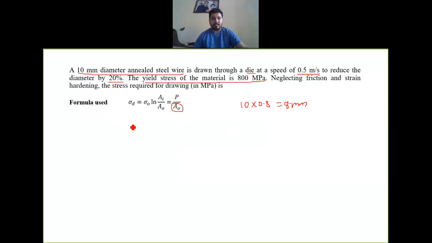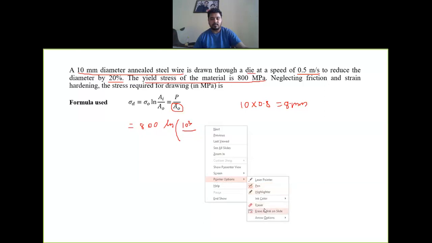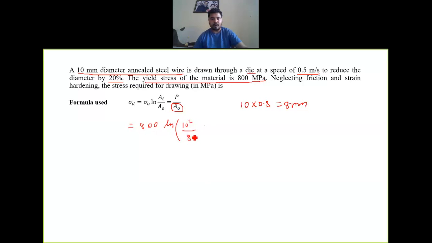So the drawing stress will be sigma naught, which is 800, ln AI, which is 10 square, upon 8 square.